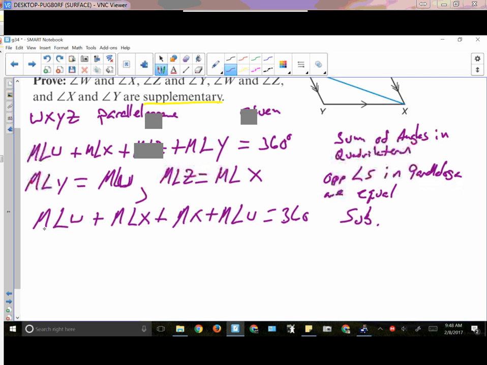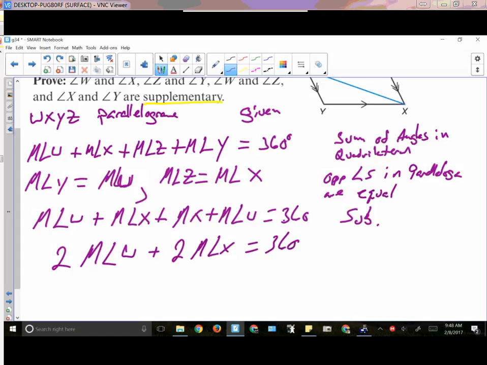I've got W over here, I've got W over here, so it's 2 times the measure of angle W plus 2 times the measure of angle X is equal to 360 degrees. Yes? That's just to simplify. And if I simplify again, does that mean that the measure of angle W plus the measure of angle X is equal to 180?